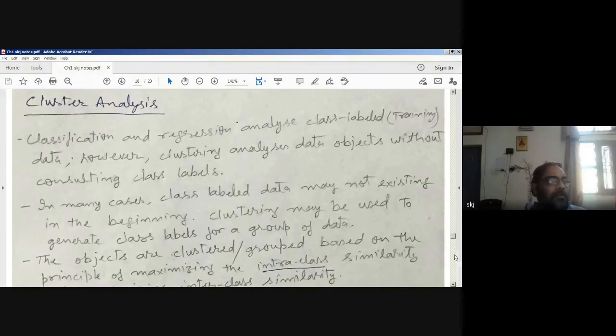So now you see here, this process of making groups, even without any prior knowledge of the labels, is done, right? So without any prior knowledge, it is possible to make the groups.